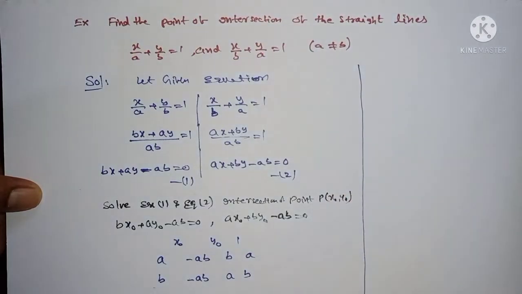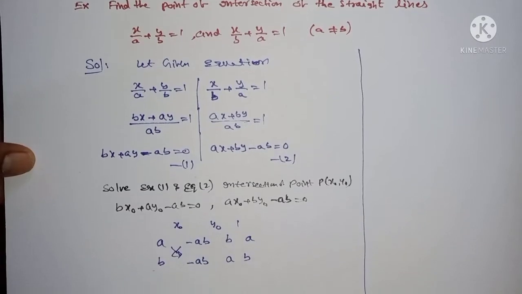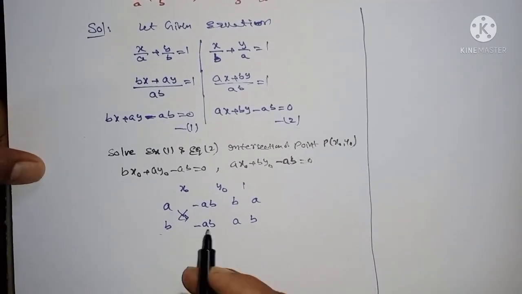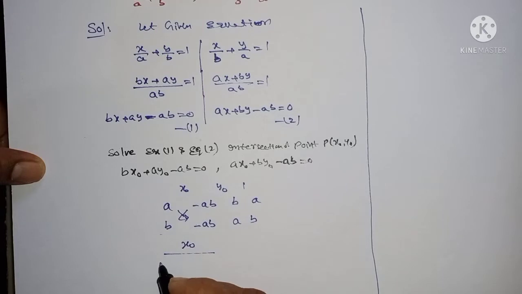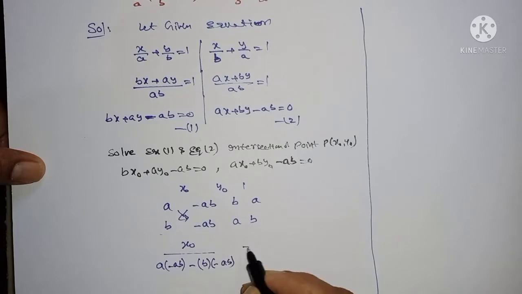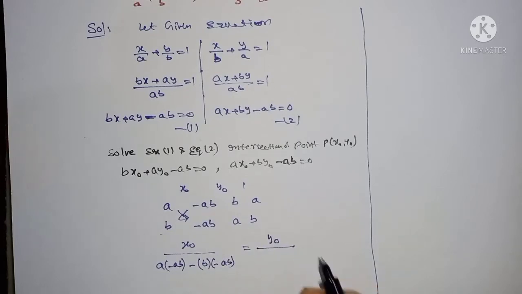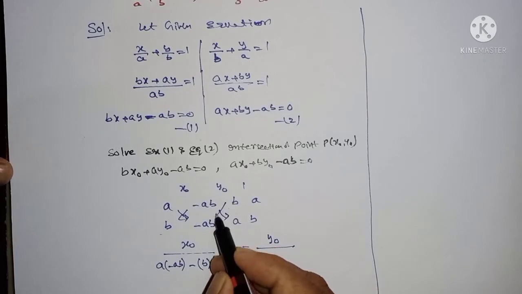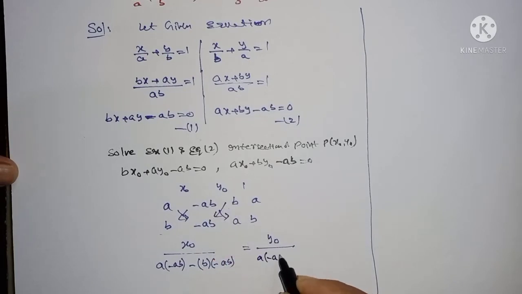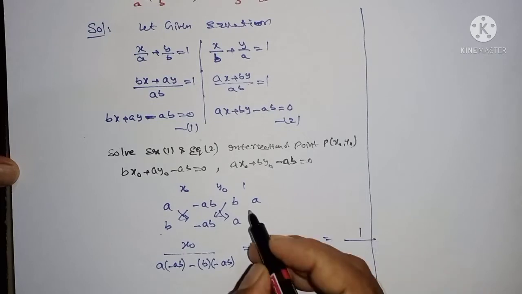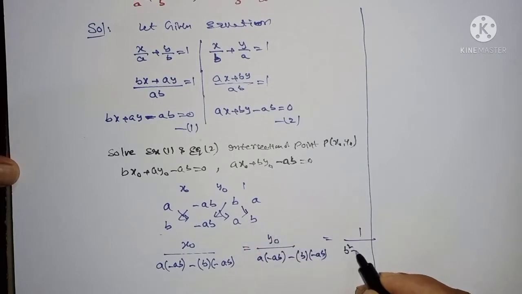What do you observe here? x naught by a(-ab) - b(-ab), and y naught by, here also a(-ab) - b(-ab), is equal to 1 by, what you got here, b square minus a square.